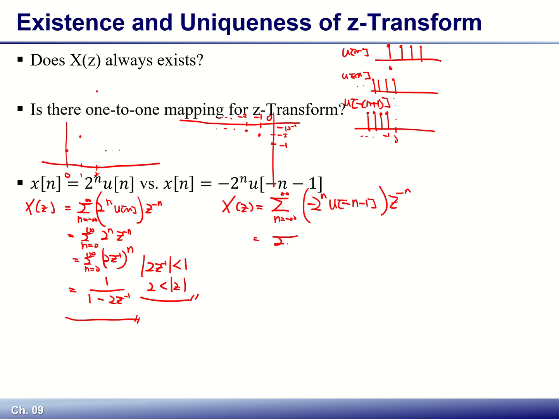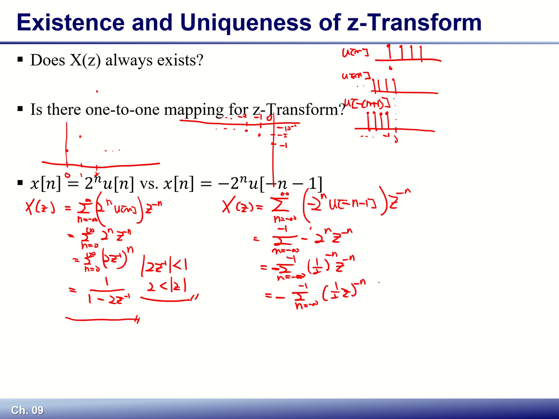So it is minus the sum over n from minus infinity to minus 1 of 2 to the n z to the minus n.